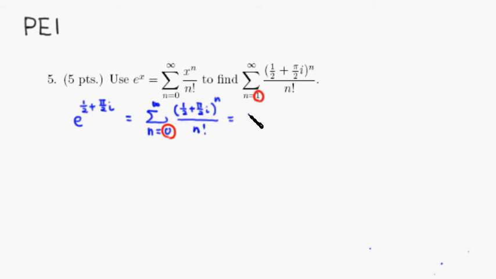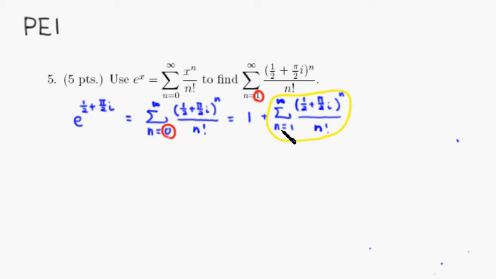So the very first term is 1, plus the rest of it, from n equals 1 to infinity, of (1/2 plus pi over 2i) to the n over n factorial. This is the one we're interested in, this is what we want to find.